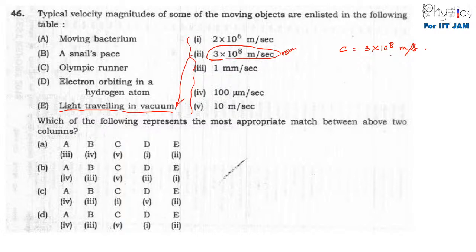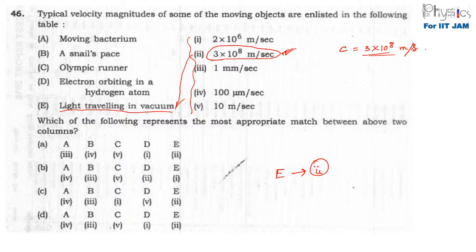You may or may not remember this value, but you have to remember that light has the maximum speed in vacuum. If you remember that, then you may know that E corresponds to 2.